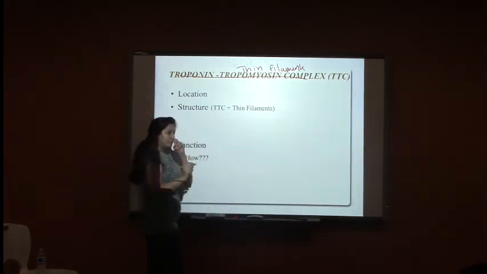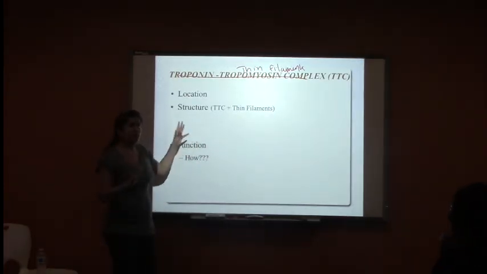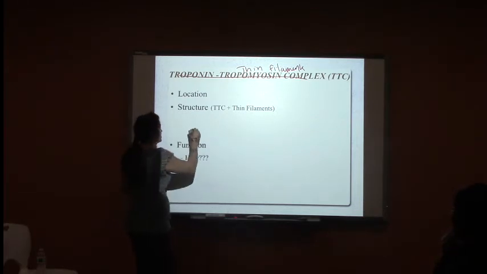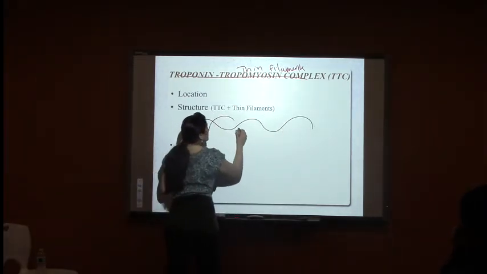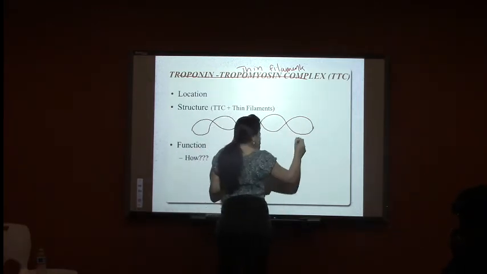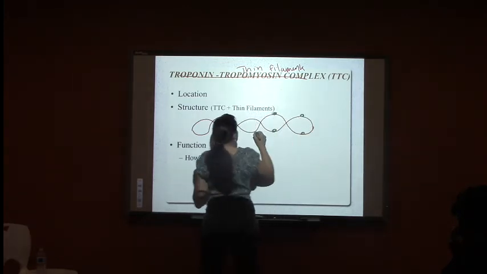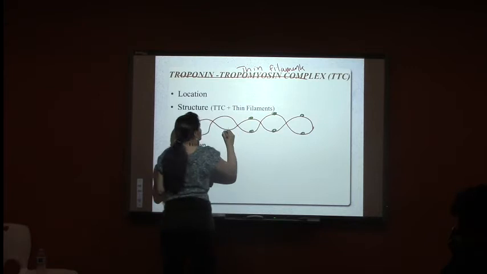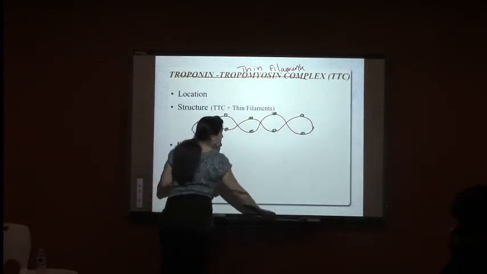So let me draw one thing at a time. Don't draw and use different colors. I'm going to try to use as many different colors as I can to color coordinate stuff. Go ahead and draw this.